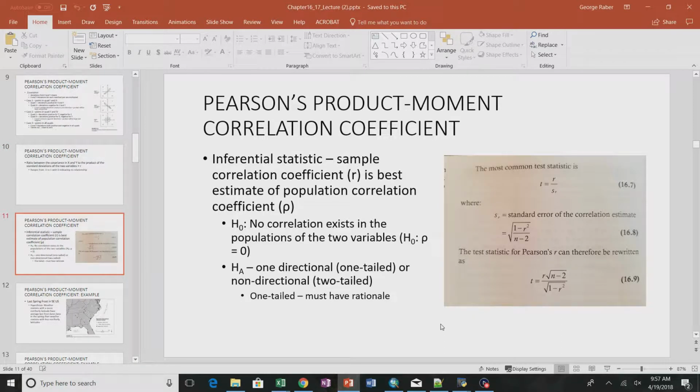So here is the way to come up with, is this a significant correlation coefficient? Okay. The way that you test it is you get the R value. You can get the R value in a lot of different ways.